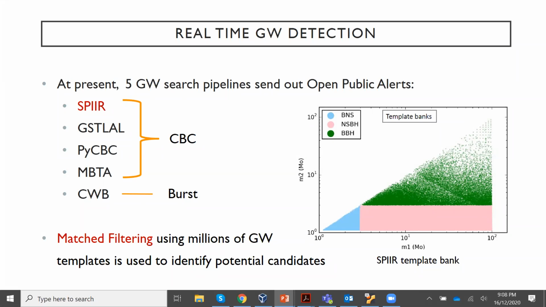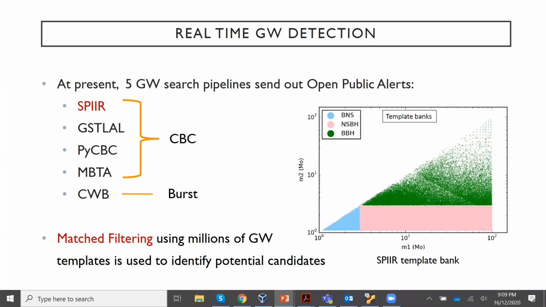Of these 5, the first 4, SPIIR, GstLAL, PyCBC, and MBTA, are CBC search pipelines, which means they search for gravitational waves from compact binary coalescence, or gravitational waves from sources like binary black holes and binary neutron stars. And finally, the last one, cWB, is the burst pipeline, which means that it searches for unmodeled gravitational wave signals.